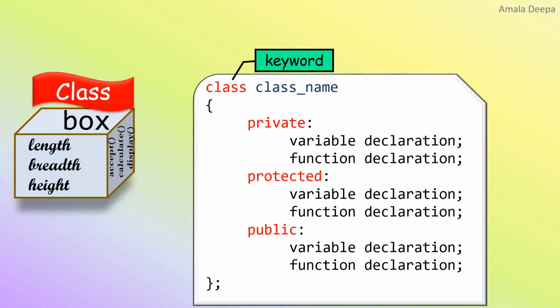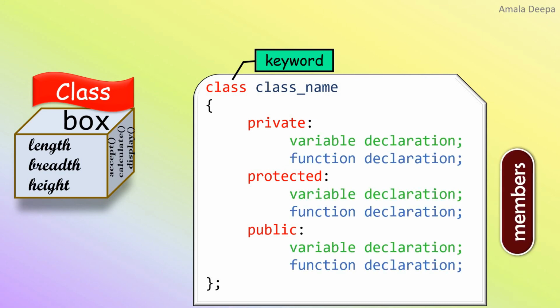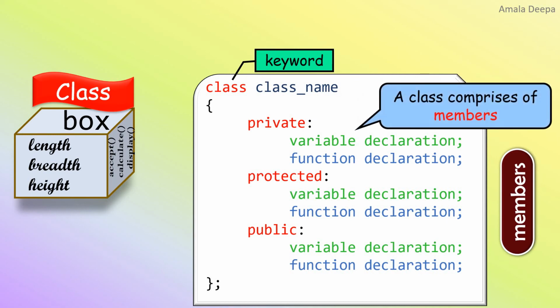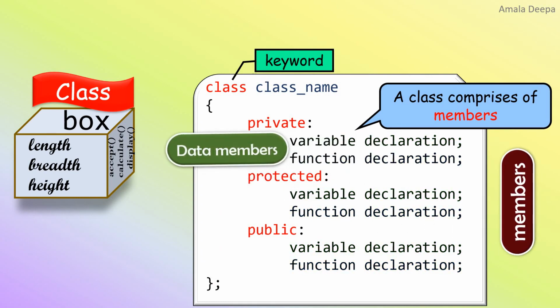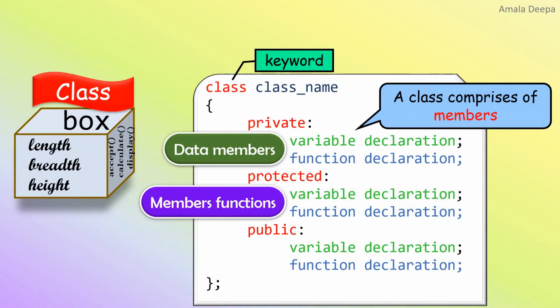All the variable declarations and function declarations are called members of the class. Therefore, a class comprises of members. The variable declarations are together called data members, and the function declarations are called member functions. A class comprises of members, and members are further classified into data members and member functions.